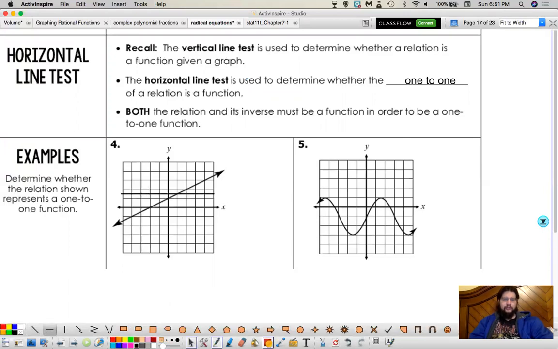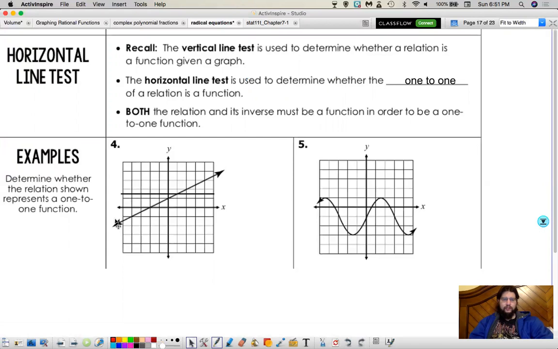That one's good, because no matter where I put this thing, it's only going through once. It ain't touching anybody else. So we're good. Over here, not happening. It fails. This is not 1-to-1. This one is 1-to-1.